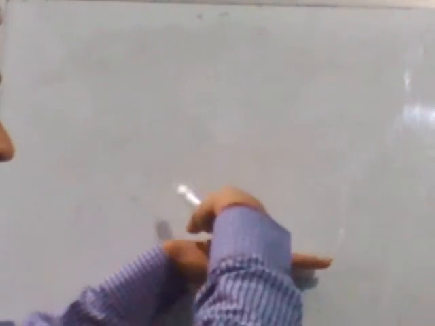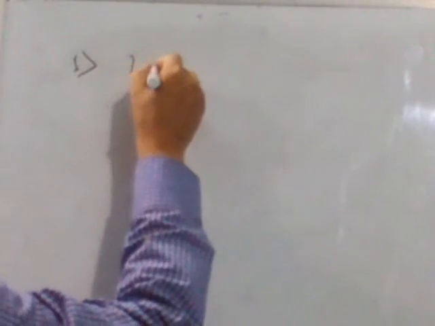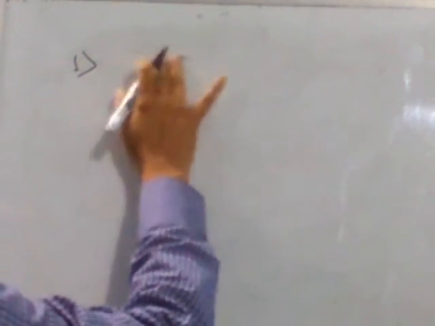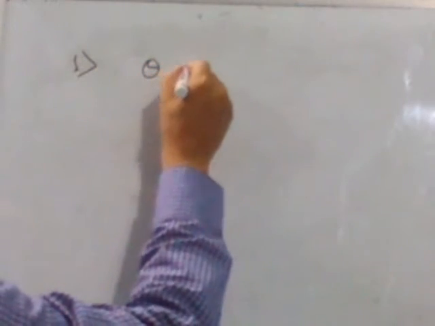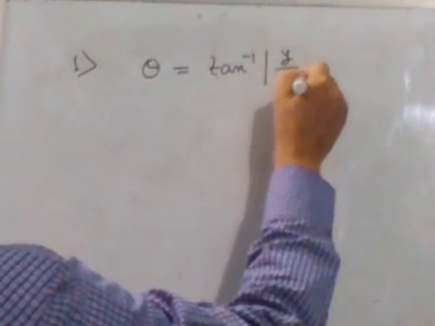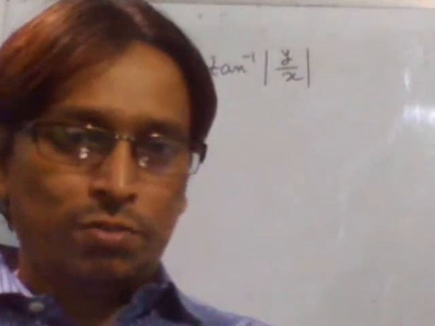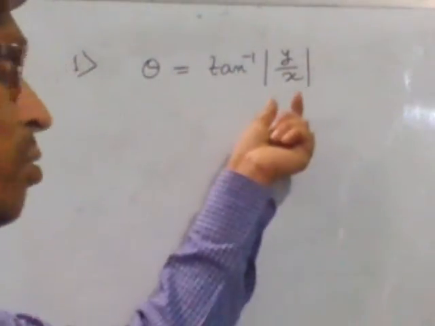To some extent you have understood this: as this is the real axis, these are two mirrors in this complex plane, so you can move pi in the upper side and also pi in the lower side. First, find tan inverse. Suppose we write this value as theta. So first you find theta, which will be tan inverse of modulus of y by x. This will give you a value which will always be in the first quadrant, because you are taking the modulus.